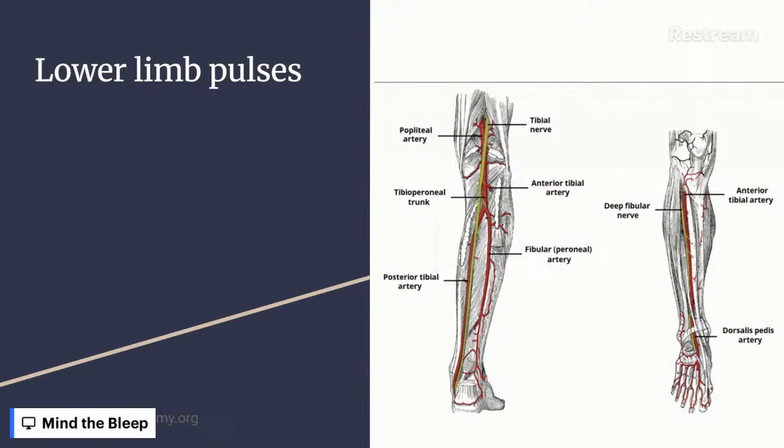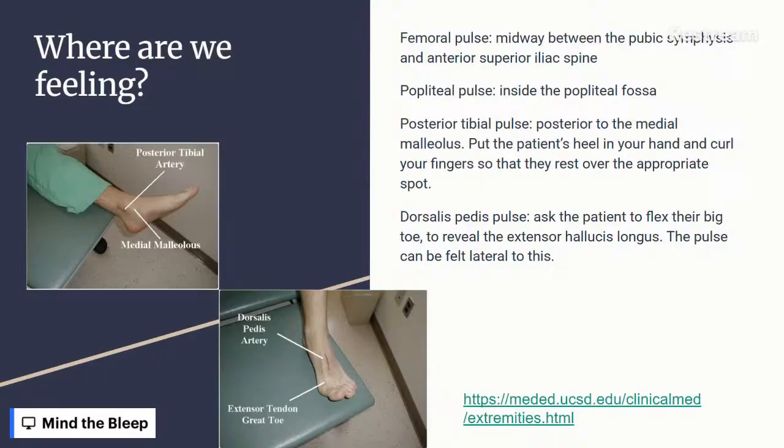The posterior tibial artery, so we'll move on to the next slide. As you can see on the top image, it's just posterior to the medial malleolus. You can try finding it on your own foot, but it's best to practice on someone else, because the ergonomics of getting your hand around the right place are quite different.